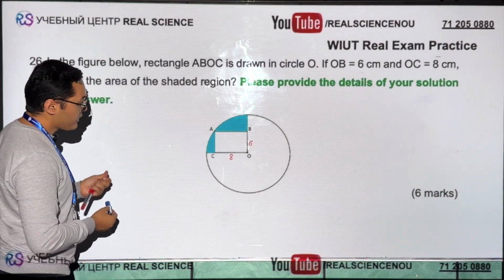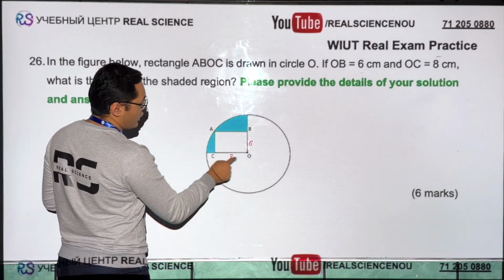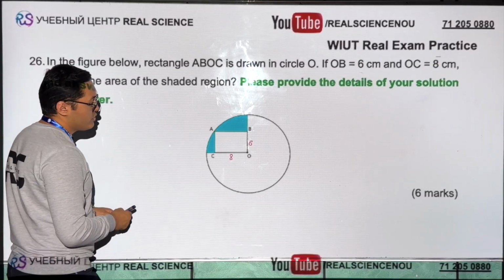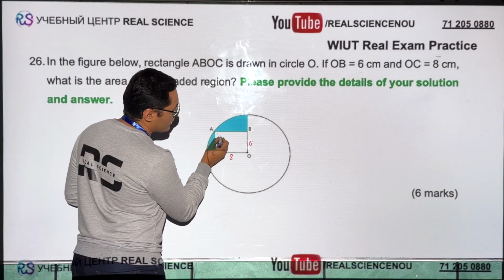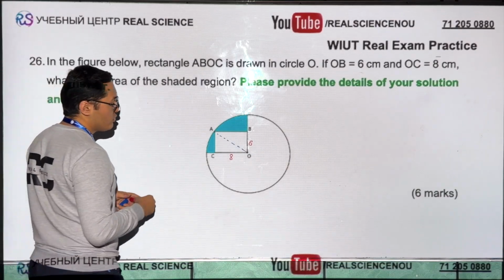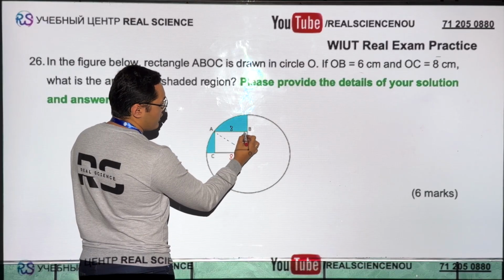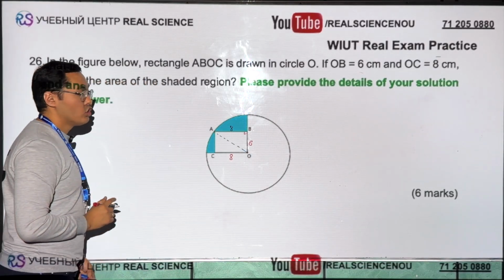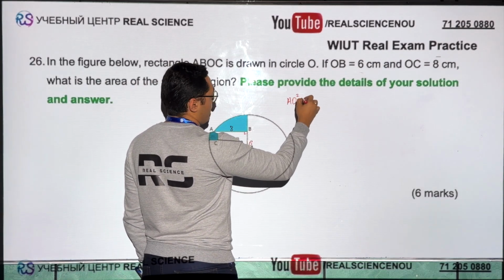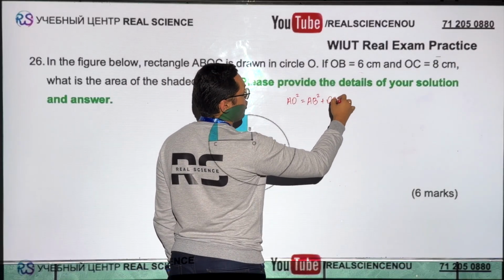To do that, we need to know the radius, because this arc is 1/4 of the circle. To find the radius, let's draw this AO. This is our radius, and because we know that this is 8 and this is 6, ABO is a right triangle, and therefore AO squared is equal to AB squared plus OB squared.